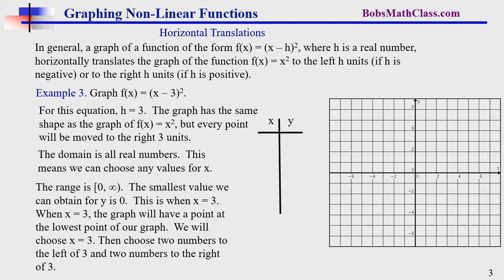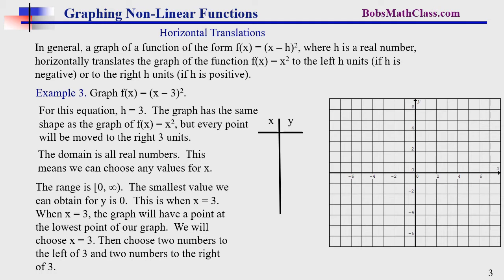So that means it's going to have the same shape as x squared, that U shape, but every point will be moved to the right 3 units. So you could think about all the points on our first graph, called the parent graph, and then move every point over 3 units.